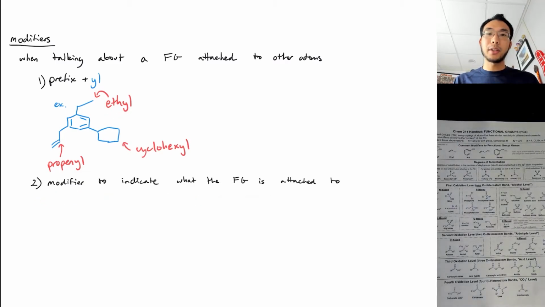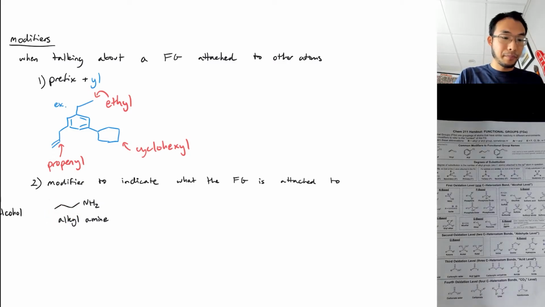The second case down here is trying to give you that context. Functional groups can be attached to chains. So if it's like this right here, this is called an alkyl functional group, and specifically it's an alkyl amine because it's attached to an alkane chain right here.